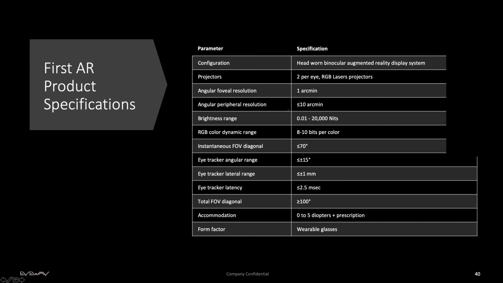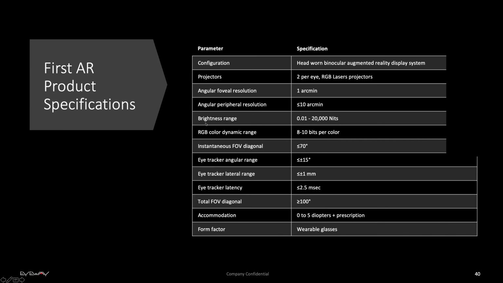For the peripheral, it should be better than 10 arc minute. Right now, we are shooting for 8 arc minute. The brightness range is between 0.01 and 20,000 nits. And the laser dynamic range is 8 to 10 bits. It depends on various aspects and what is required. But basically, we are shooting for photorealistic images.